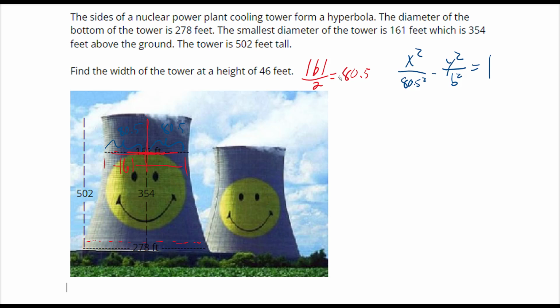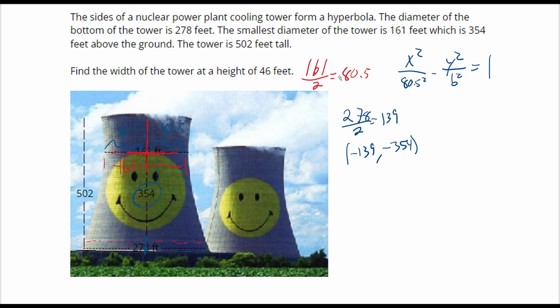And it's not as bad as you think. We have information that'll get us there. So we know that if we go down 354 feet, we're going to be at a width of 278. So 278 is the total width. We divide by 2 to get 139. So we know that there's a point where x is 139, y is negative 354.